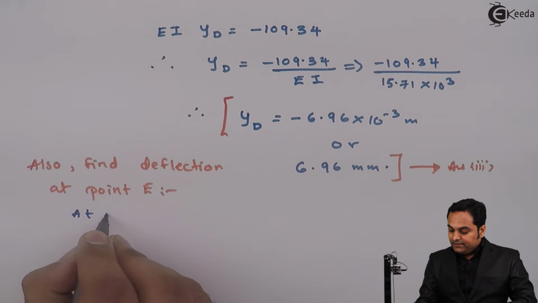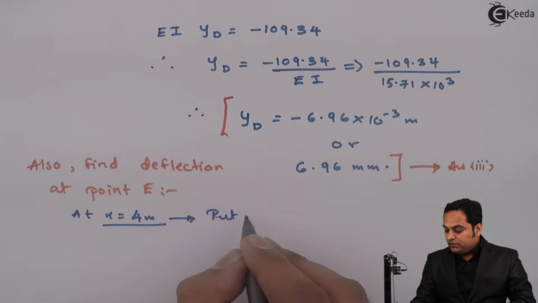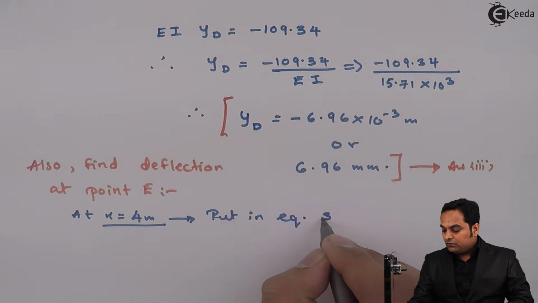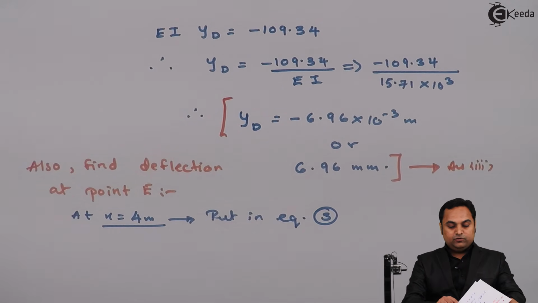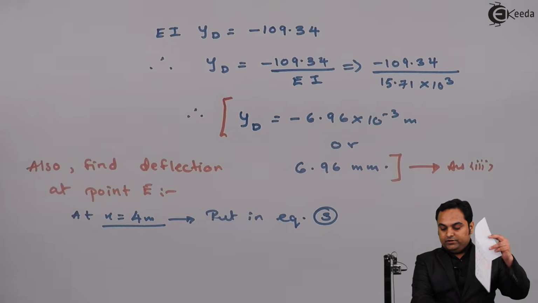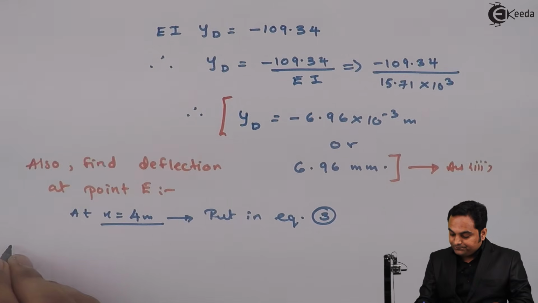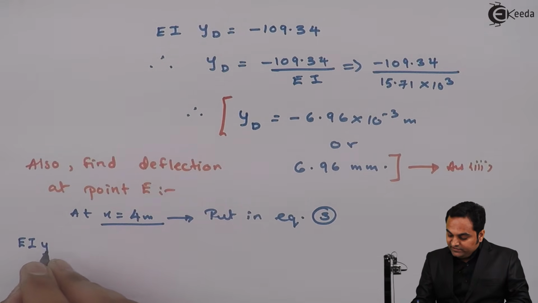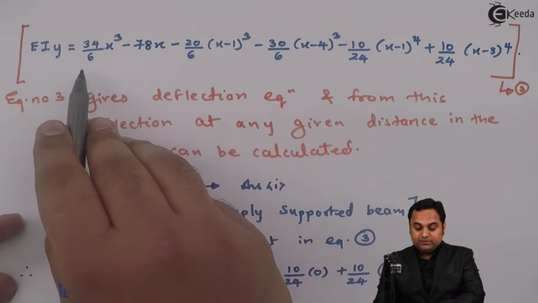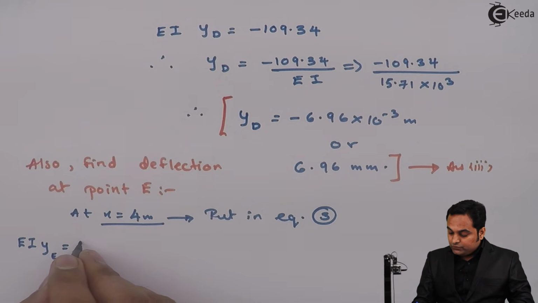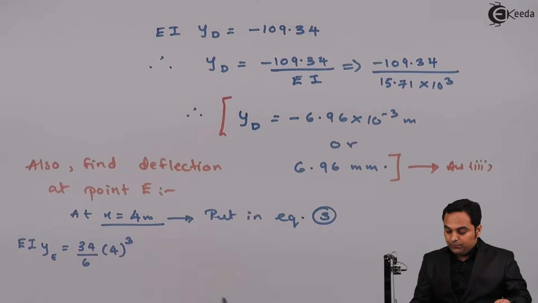So at x is equal to 4 meter, put in equation 3. So in the third equation, now I'll put the value of x as 4 meter. In the third equation, we have EI into y. I want to find at E, so suffix E. Then 34 by 6 into x cube. So 34 by 6, x is 4, 4 cube.